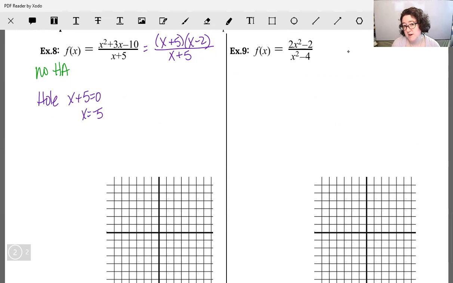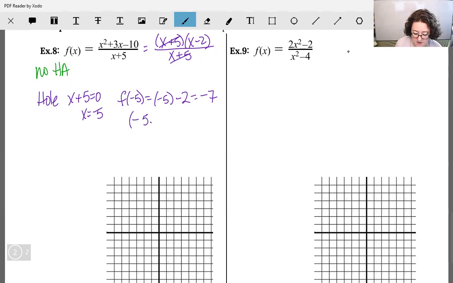Plug that into whatever's left over in the function after you simplify that out. So that means f of -5. We're going to plug that into the x minus 2 that was left in the numerator, but that was it. That's all that's left. So that's -7. So my hole is actually going to happen at -5, -7. Now, we've used everything.